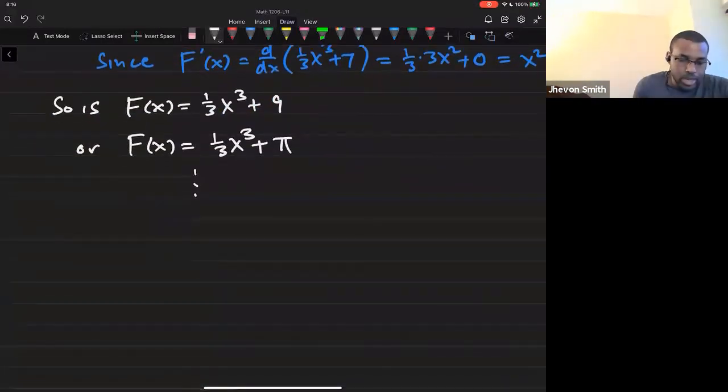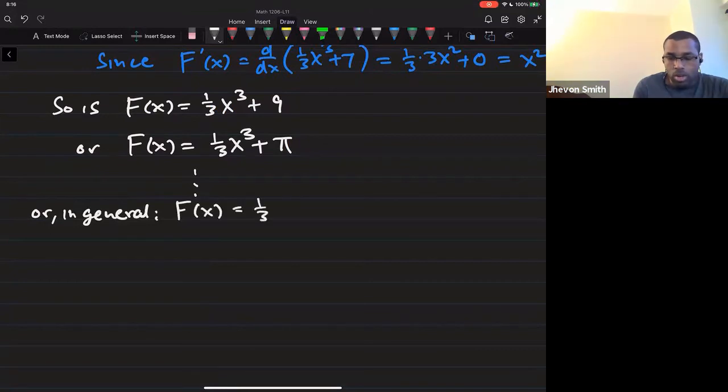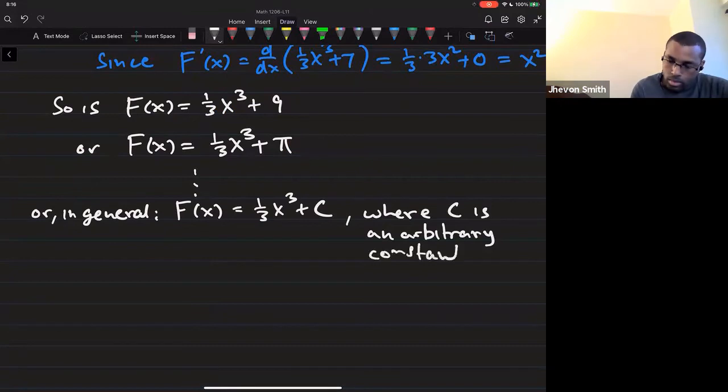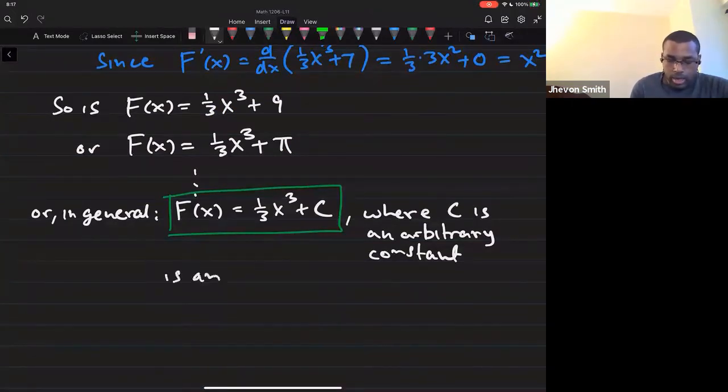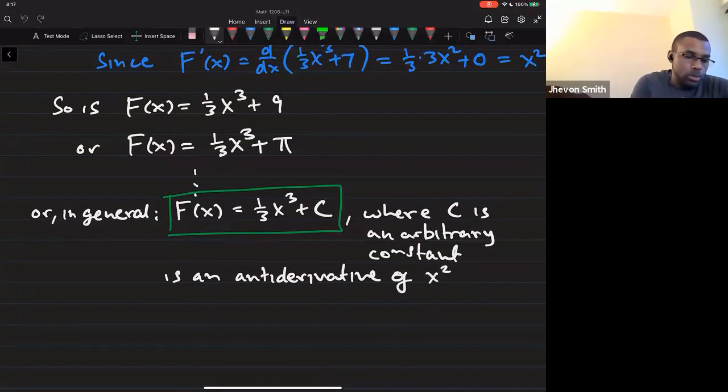So I can say, or in general, big F of x equals 1/3 x cubed plus C, where C is an arbitrary constant, is an antiderivative of x squared.